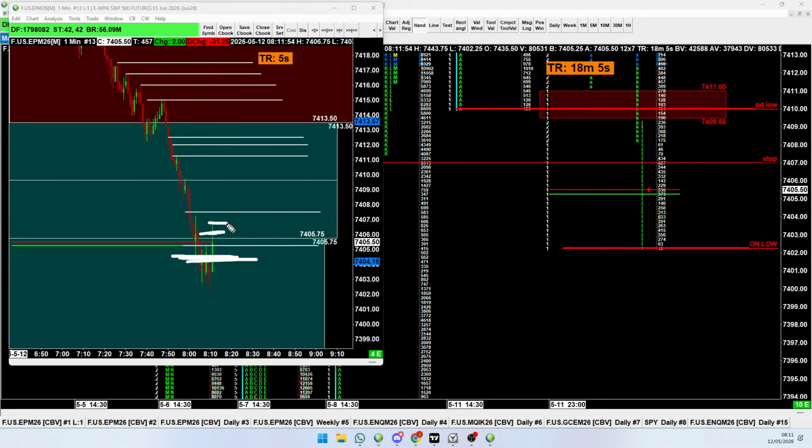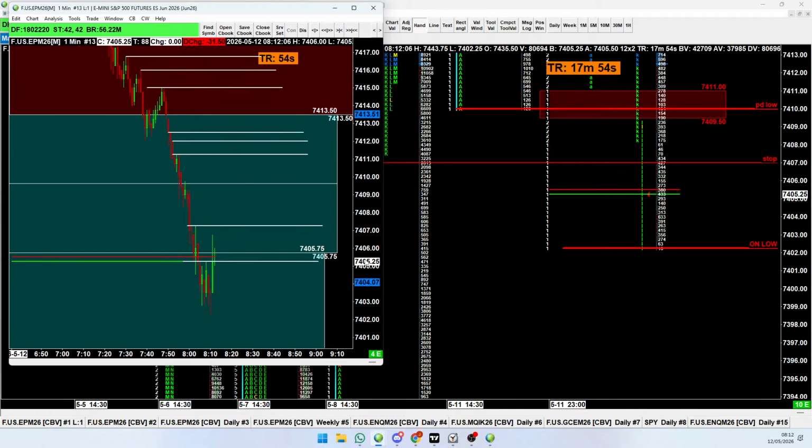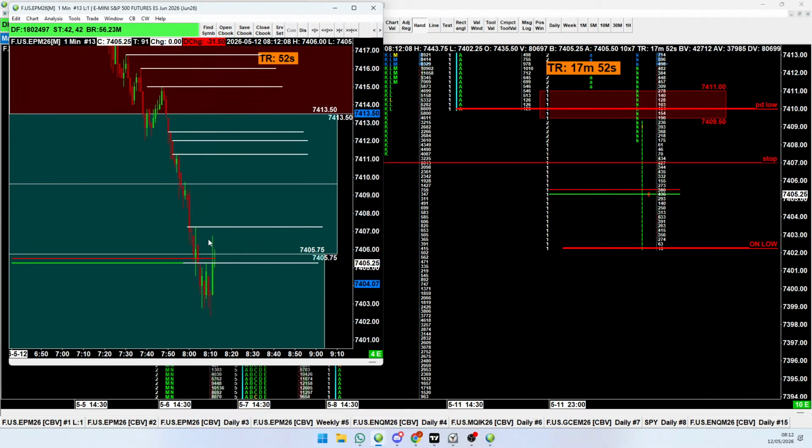You can see they're already selling before that level. In fact, that level is off just a sec. There's that level. So they're already selling it. It's coming back down now. Let's see if it holds this little 4 area.